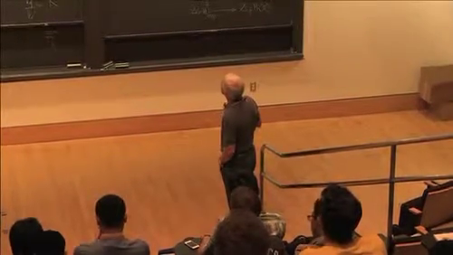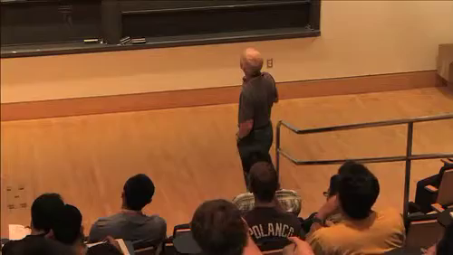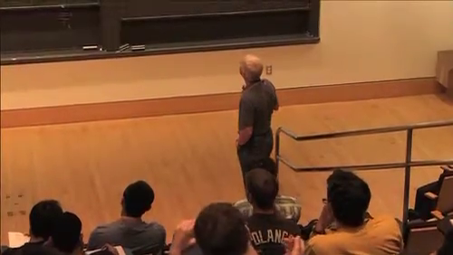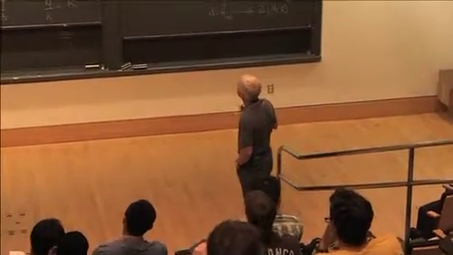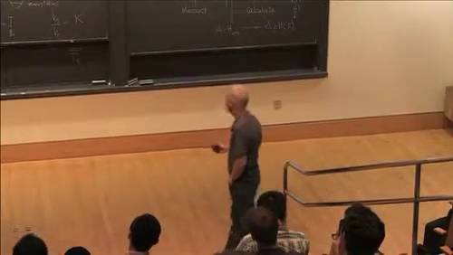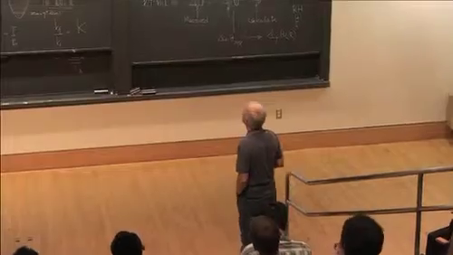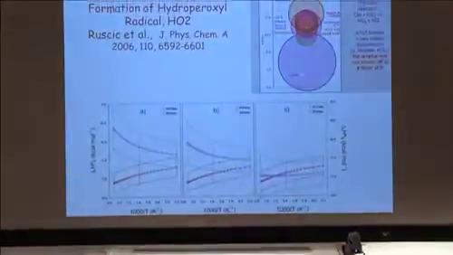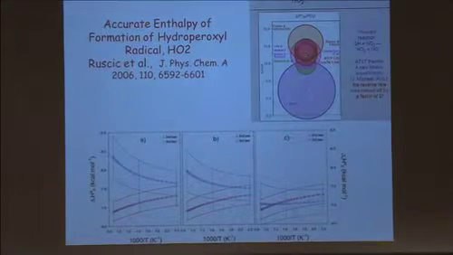So this shows you the JANAF value with its uncertainty and the current value from ATCT, or the then value from ATCT, with its uncertainty. Similar situation, I don't really have time to go through the details, for the HO2 radical.